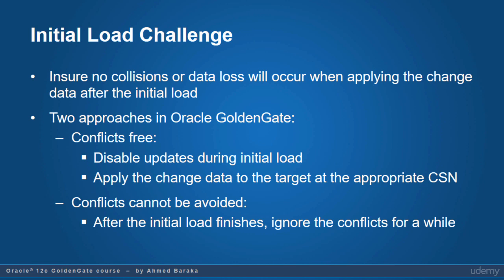If you start the synchronization at an arbitrary time, the synchronization may try to apply records that are already there. Or if you start it after the initial load was started, the synchronization may miss some operations and this would lead to some data loss. Those possible issues are called conflicts.